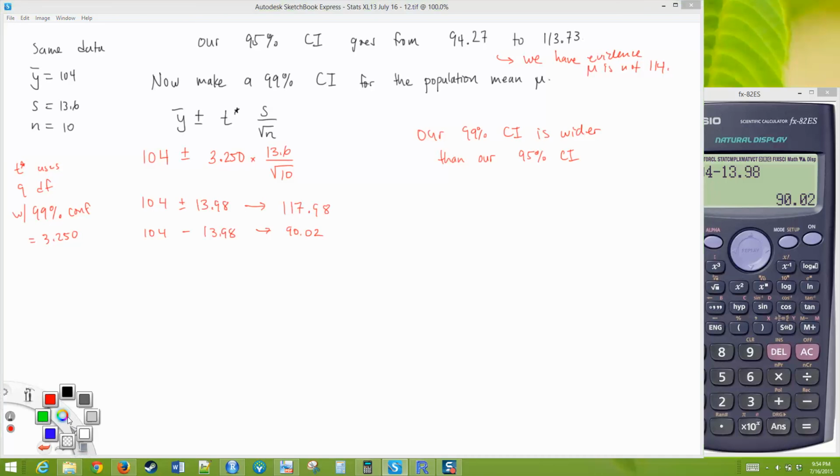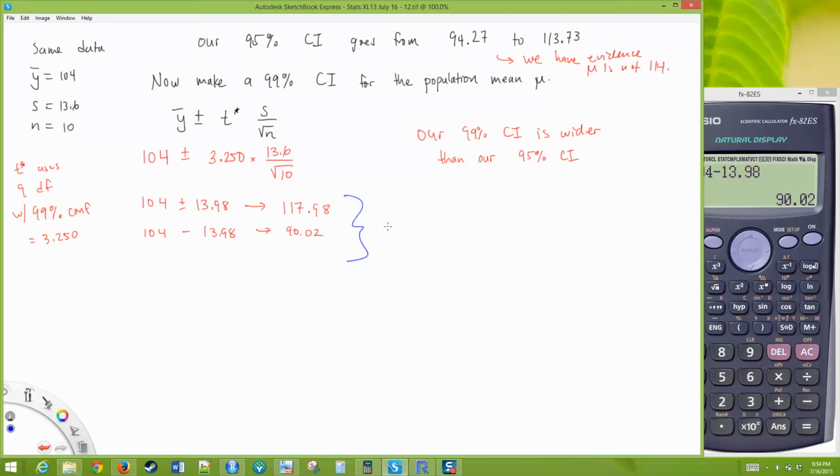But over here, now I say, we do not have evidence against the claim that mu is 114.